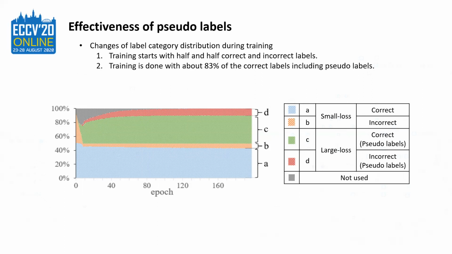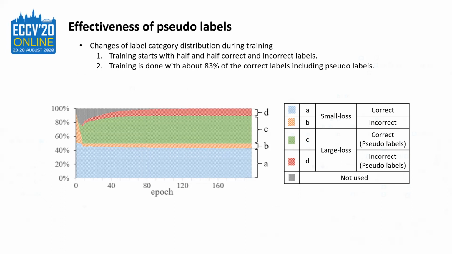And then, as training proceeds, we gradually reduce the ratio of small loss instances A and B to 50%. In this period, we can see that the model identifies small loss instances with many correct labels, A. But these are only 50% of the entire training data.